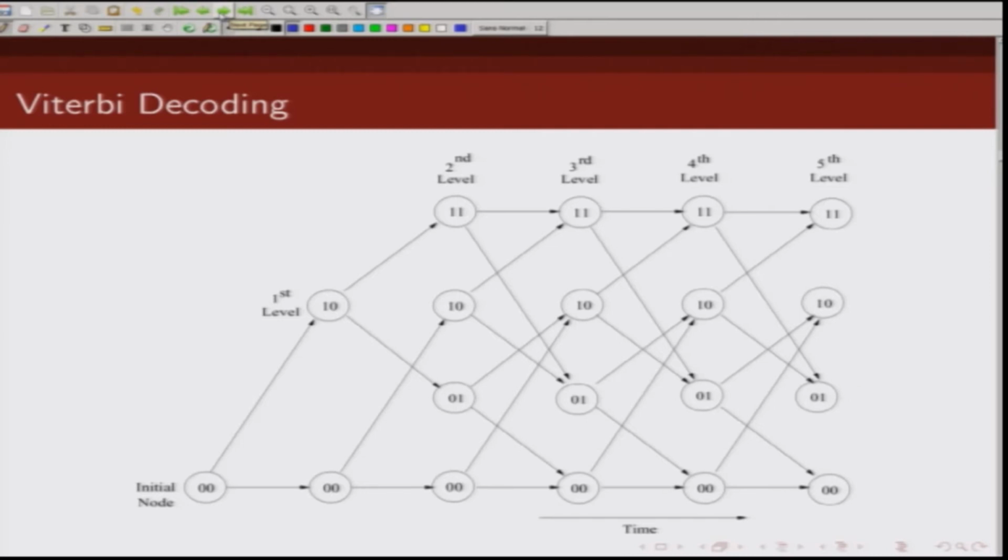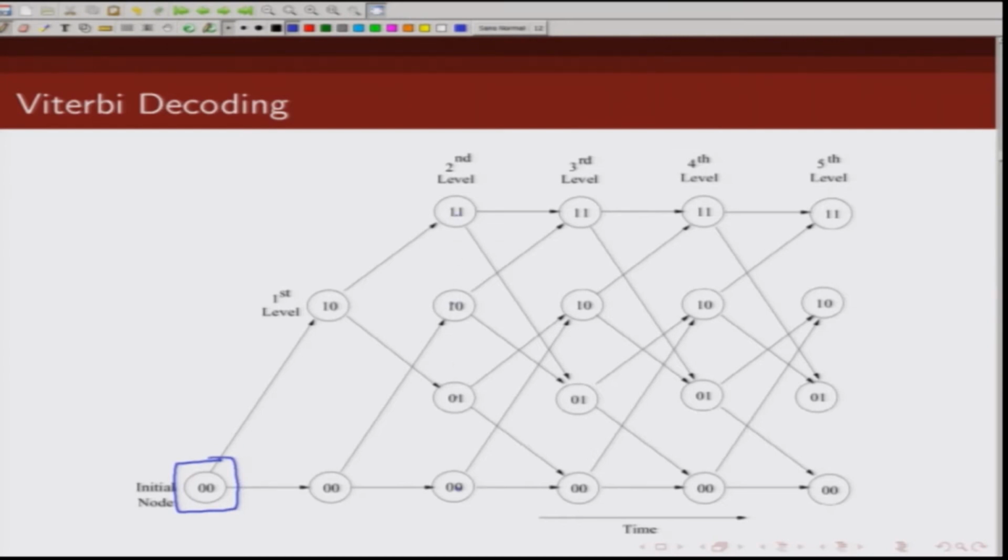This is just an example of a trellis of a convolutional code. Initially, as I said, we start off with the all 0 state. In this particular example the number of states is 4. You can see 0 0, 0 1, 1 0, 1 1. These are the 4 states.